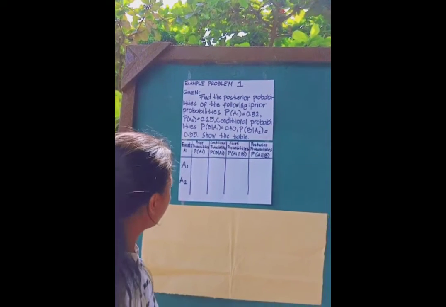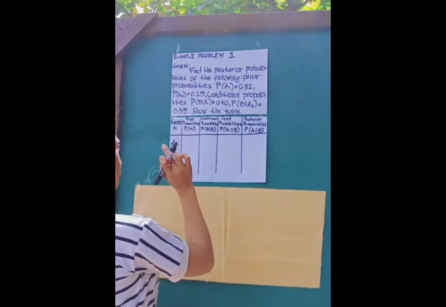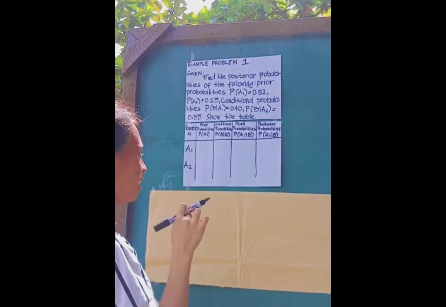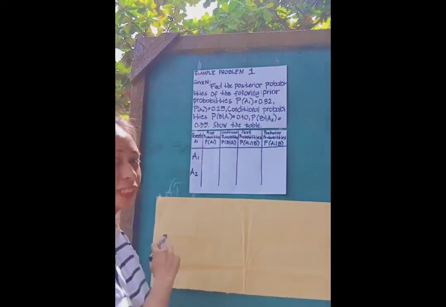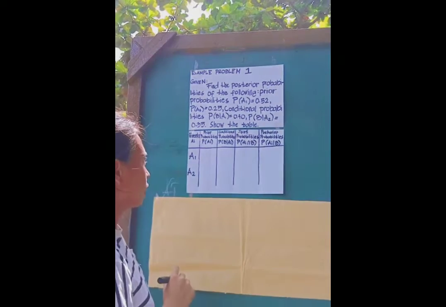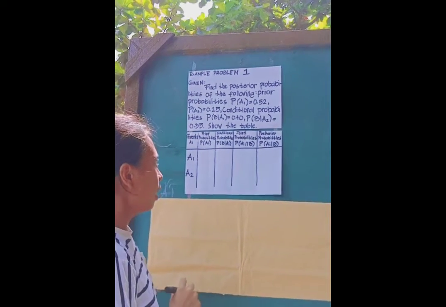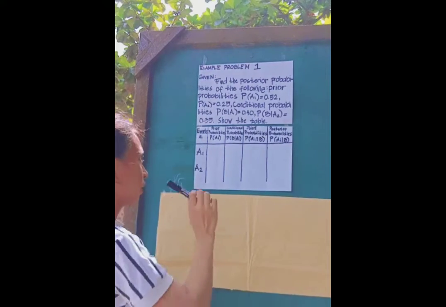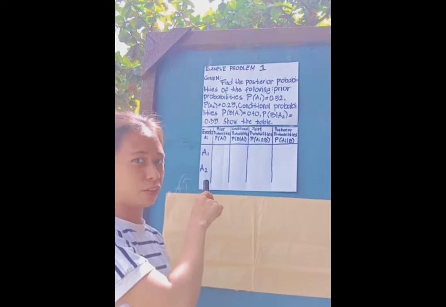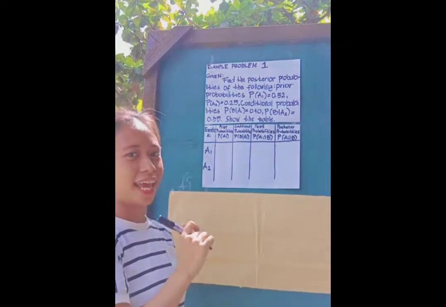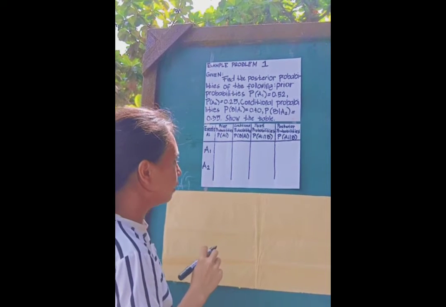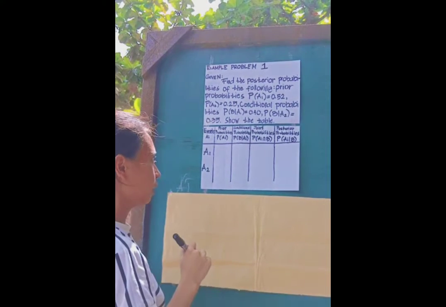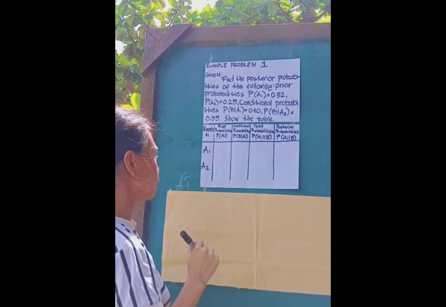Prior probabilities: the probability of A sub 1 is equal to 0.52, then the probability of A sub 2 is equal to 0.25. The conditional probabilities: the probability of B given A sub 1 is equal to 0.40, and the probability of B given A sub 2 is equal to 0.35.